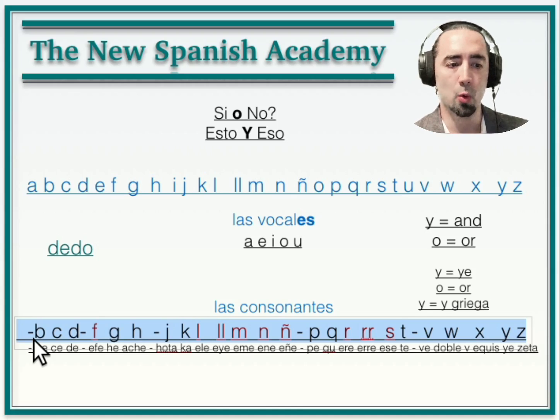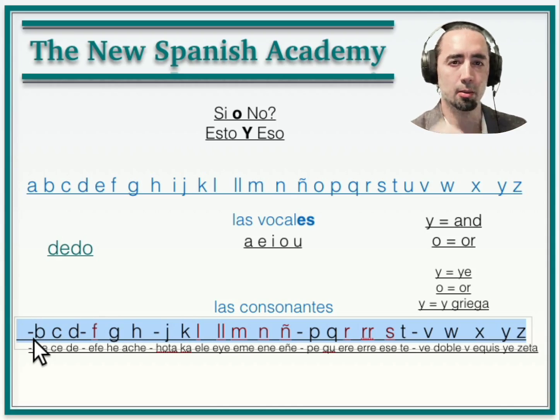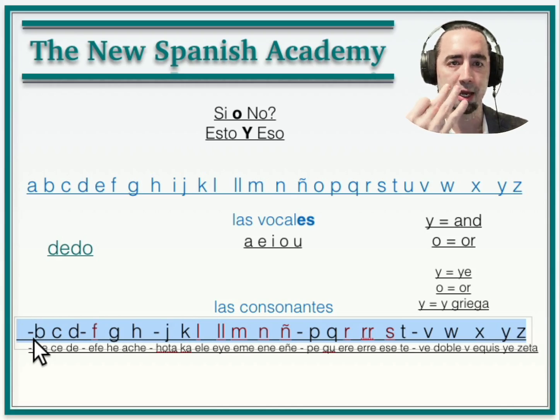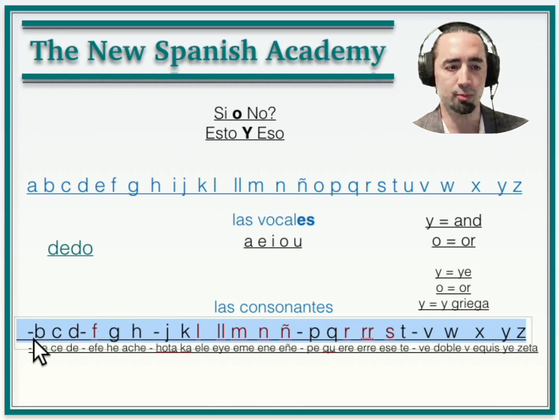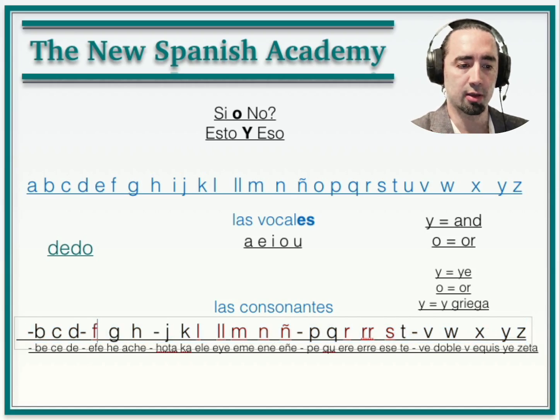What we know as B, C, D, G, in Spanish, they finish with E: be, ce, de, ge. Alright? Now that's one pattern. Now F in Spanish is efe, G is ge, H is hache.